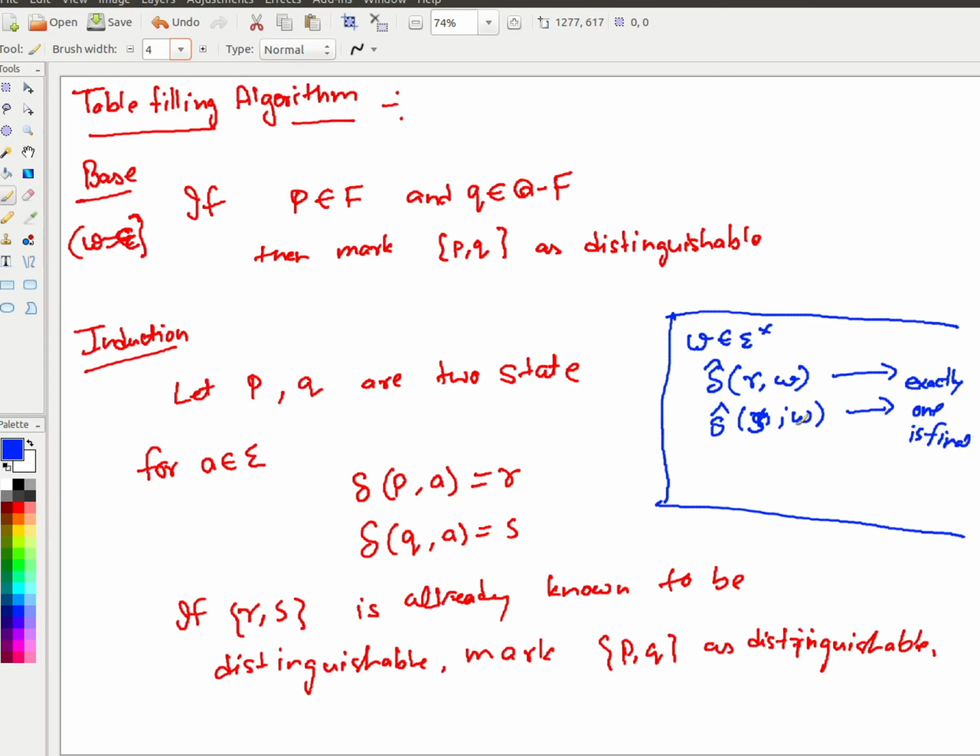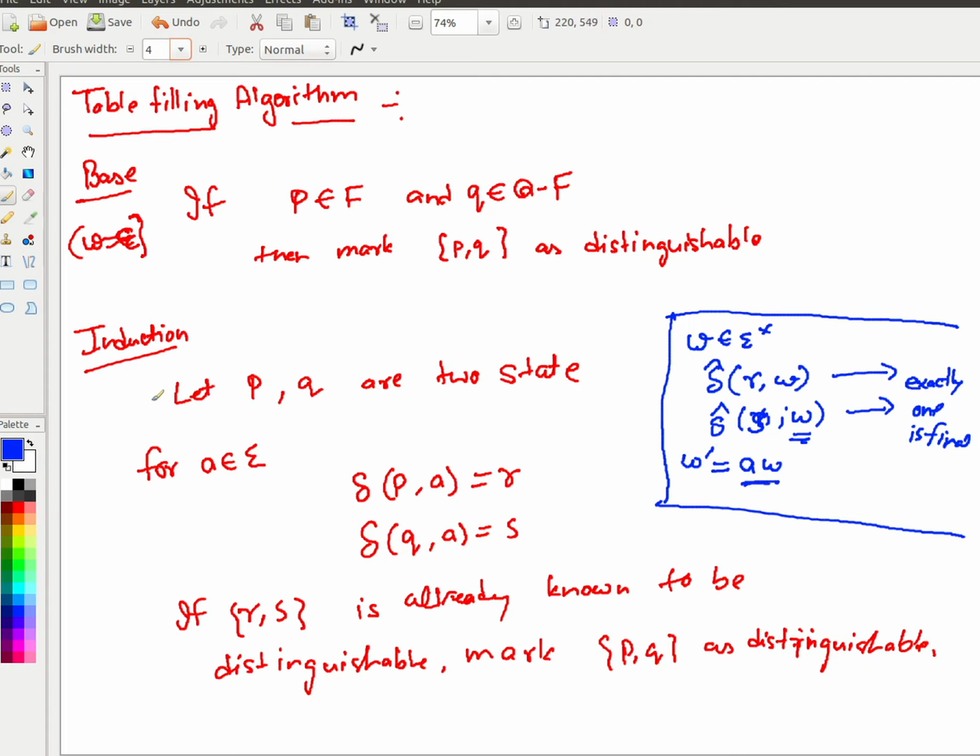Now you can use this W to build a string to prove that PQ is also distinguishable. How? You can take the string W dash equals AW. If you take AW, now what will happen?